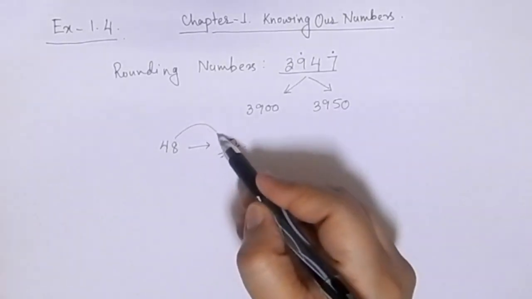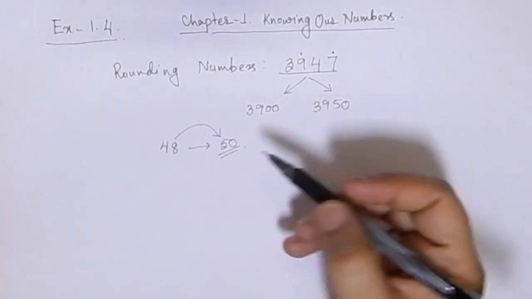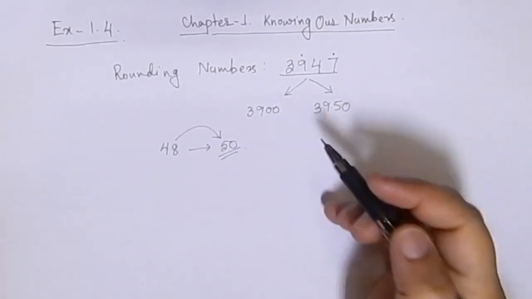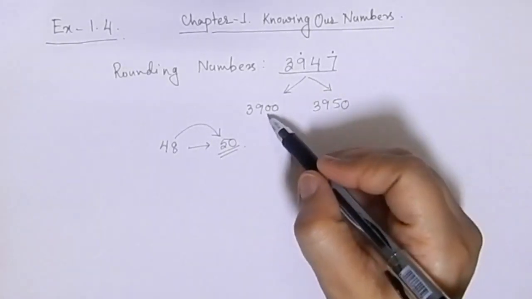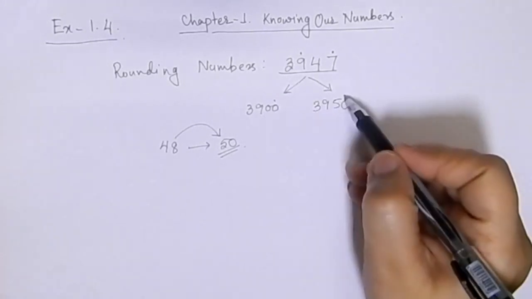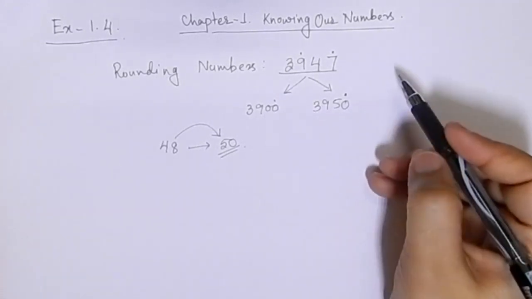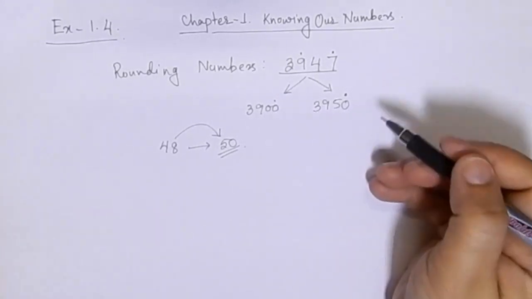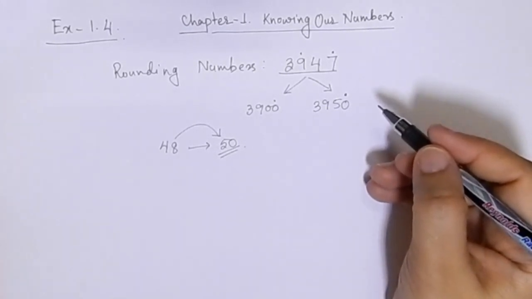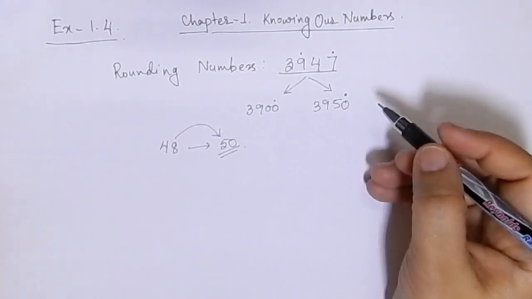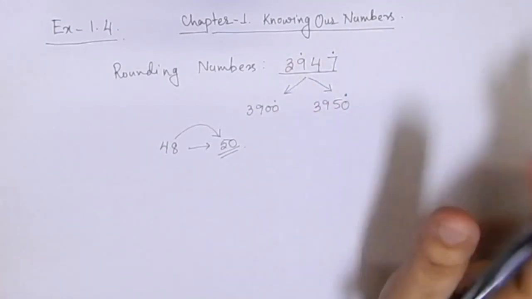They are trying to round off for their convenience. So bringing to the nearest number which has a 0 at the end is called rounding off. Although this is not the proper definition, in simple language you can say that rounding off is this process.